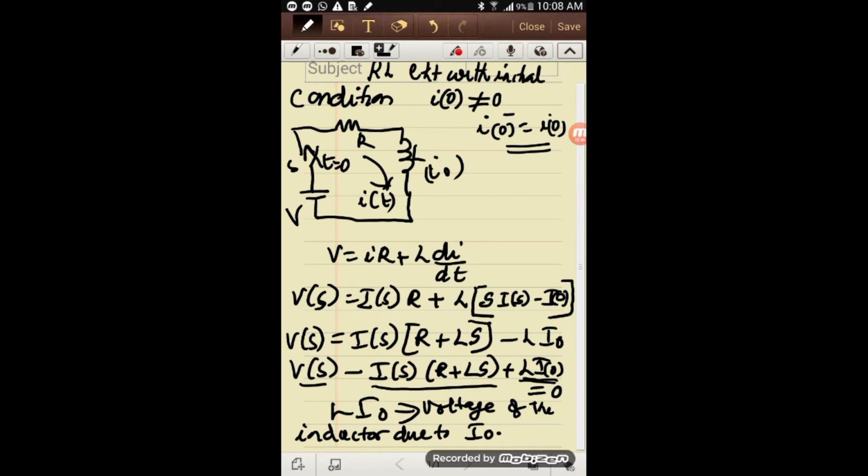So when it is changed from one state to another state, the inductor will be acting as a voltage source Li0 in the new condition. If I0 is the initial current in the inductor, you have to include a voltage source Li0. Now how to include Li0 in the circuit? That we will see.